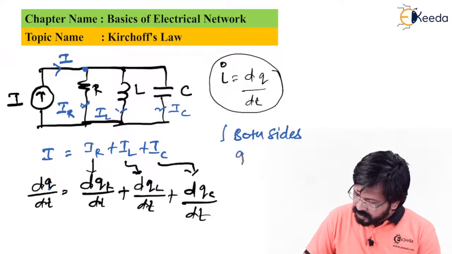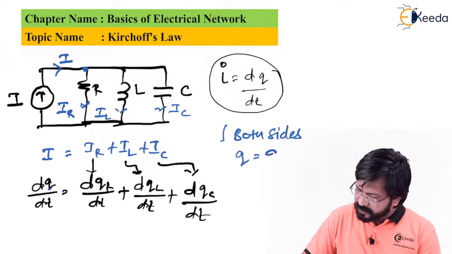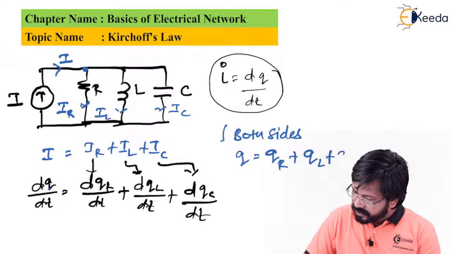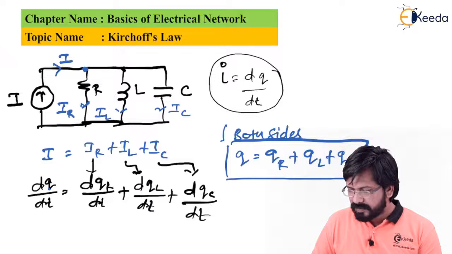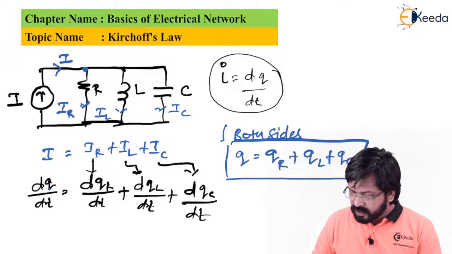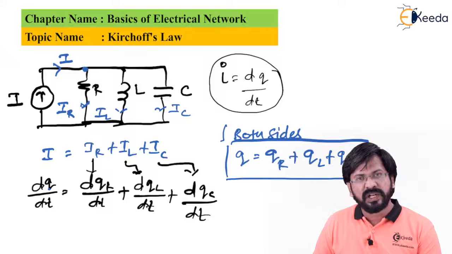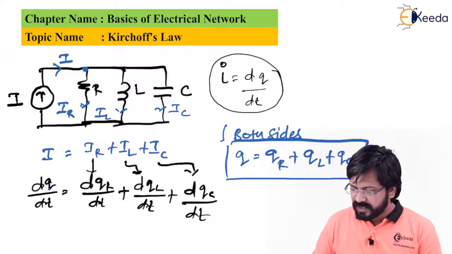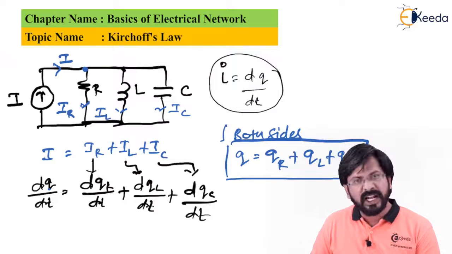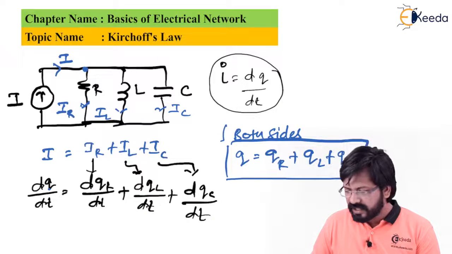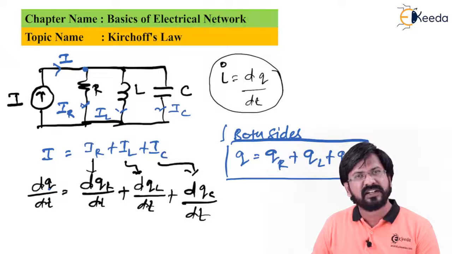This becomes only Q. This becomes QR, the second term becomes QL and the third term is QC. So total Q is equal to QR plus QL plus QC, meaning that Q defines the total charge supplied by the source. QR indicates the total charge flowing into the resistor, QL indicates the total charge in the inductor and QC indicates the total charge in the capacitor.